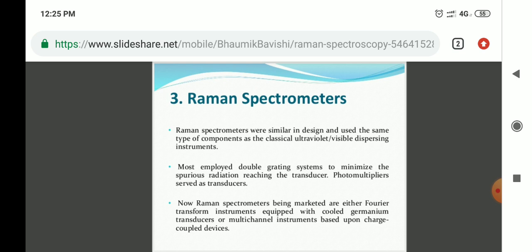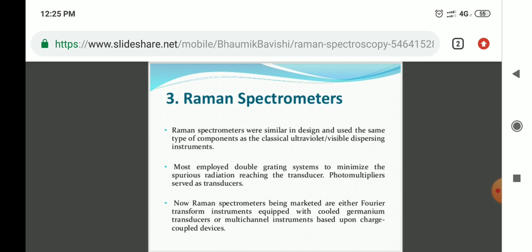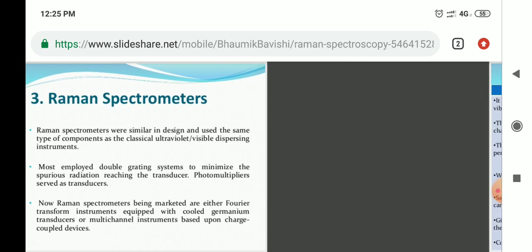Most employed a double grating system to minimize the spurious radiation reaching the transducer, and photomultipliers serve as the transducer. And the last point is that now Raman spectrometers being marketed are either Fourier transform instruments equipped with a cooled germanium transducer or multi-channel instruments based upon charge coupled devices.